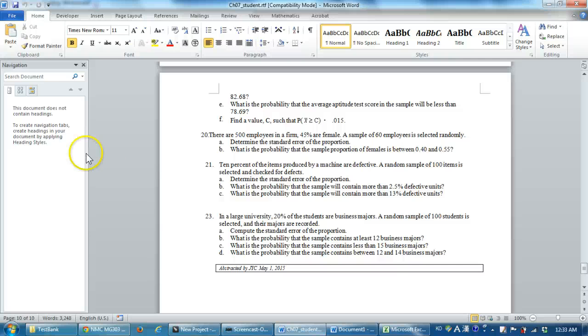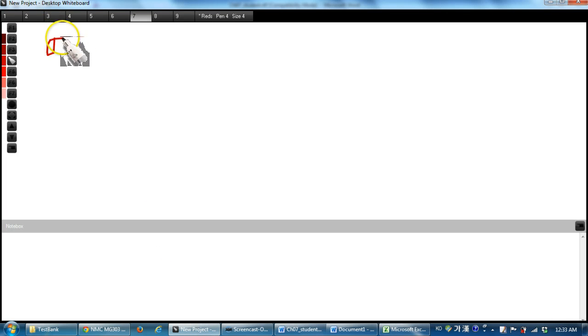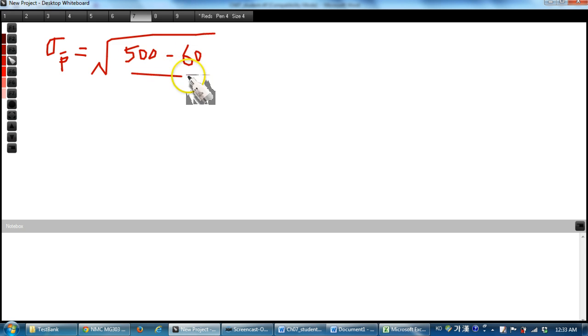In that case, the standard error of the proportion will be, in this case, p bar, that is 500, which is the population size, and then we subtract the 60 sample size, so it will be 499.